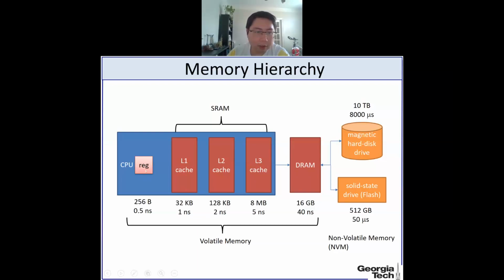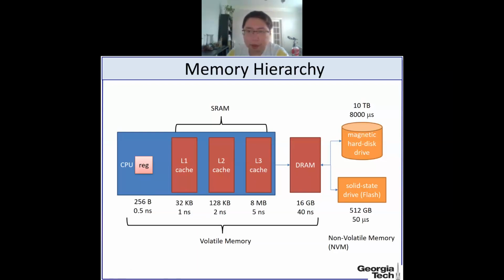The register typically has very small capacity. For example, you can only store 256 bytes in the register, but you can access it very quickly. If your clock is 2 gigahertz, then you can access your data within 0.5 nanoseconds. So basically in 1 clock cycle, you can get the data in.